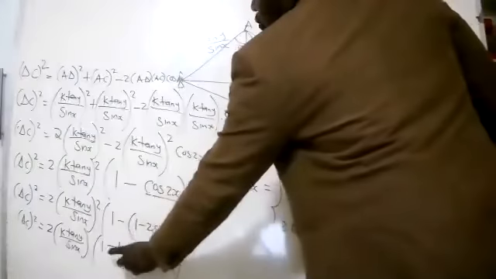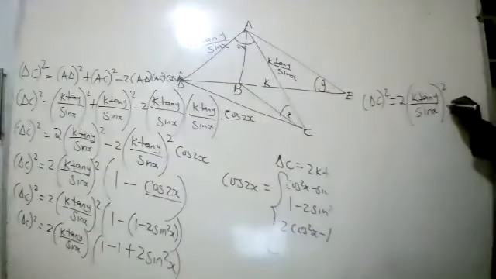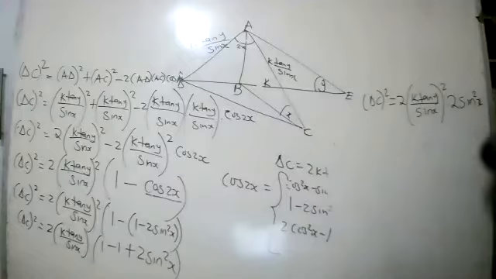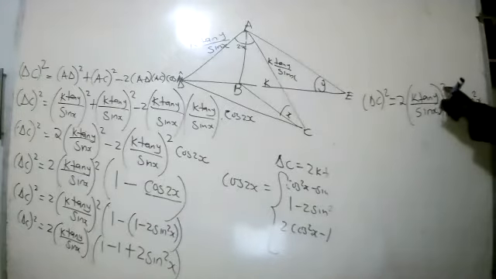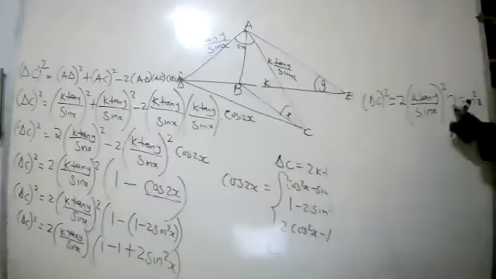So 1 minus 1 is a 0. So it means we'll be left with a term of 2 sine squared x, like this. And from there, we distribute this square here, for the numerator and for the denominator. And we multiply the 2 here and the 2 there.